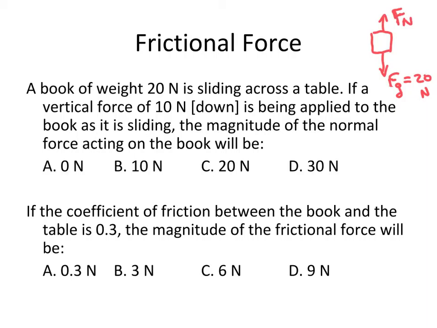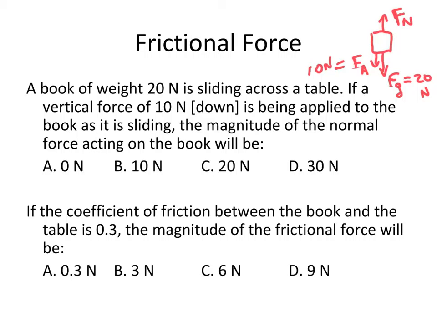And an additional vertical force of 10 newtons down is being applied to the book. So 10 newtons. So there's our additional applied force downward.